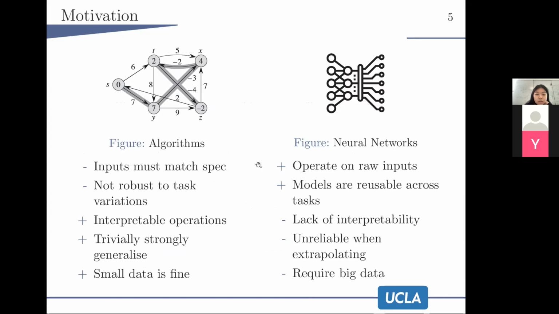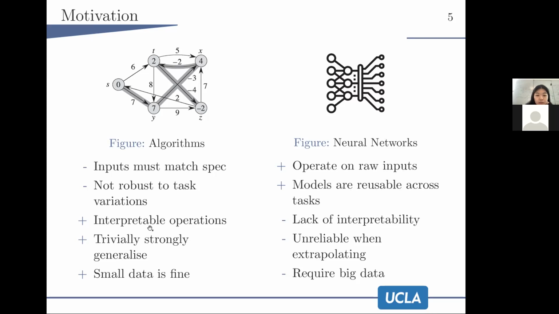Typically, for traditional algorithms the inputs must match some specifications, while graph neural networks can operate on raw input that does not have a specific format. Traditional algorithms are also typically not robust to task variations, but neural network models are reusable for different tasks.